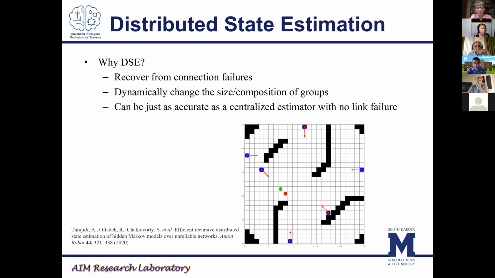Now that we can control the CubeSats, we can talk about distributed state estimation, which is the research we've been working on most recently, as compared to a centralized state estimator. A centralized state estimator will have each agent send all of its state measurements to the central agent, which computes the state of the whole swarm and then sends that estimation out to each agent.